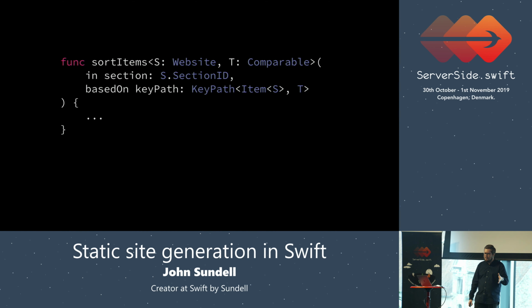It takes a website type, it takes a comparable value that we want to compare against, and then it takes that section and that key path. But look at the call sites. Sort items in articles based on date. That is really nice. So by using those advanced generics features, we can actually build very simple and easy to use elegant APIs that almost look like English sentences. You can just read it out loud, which is really cool.